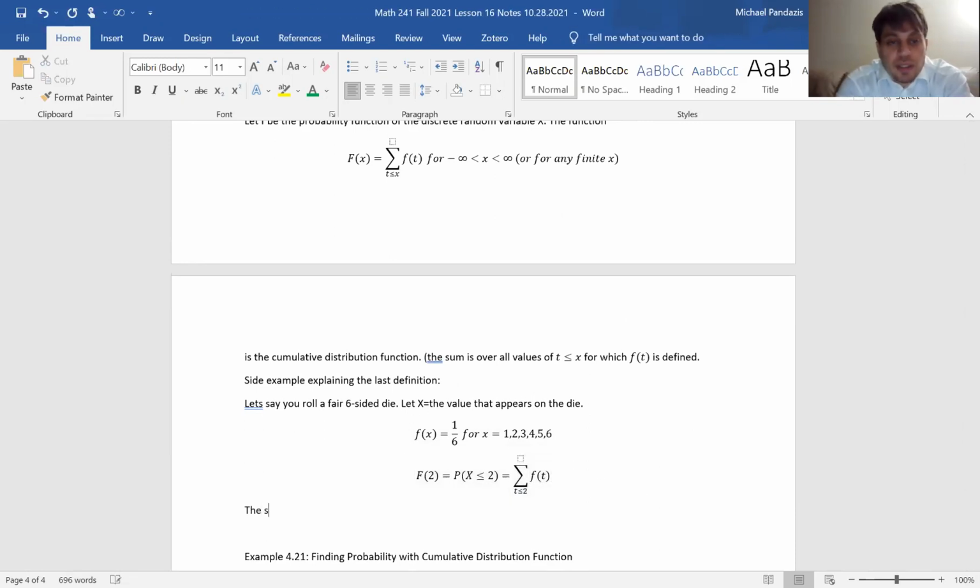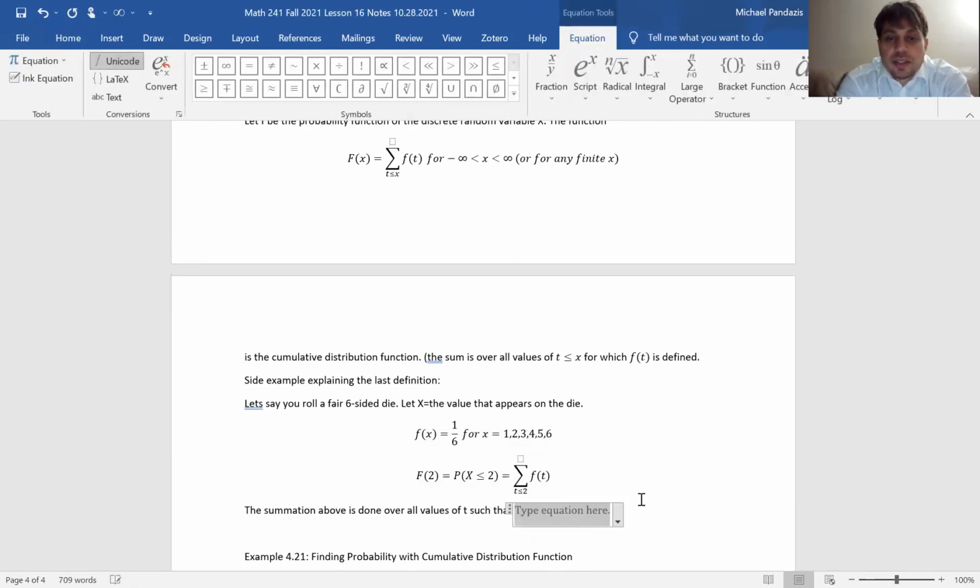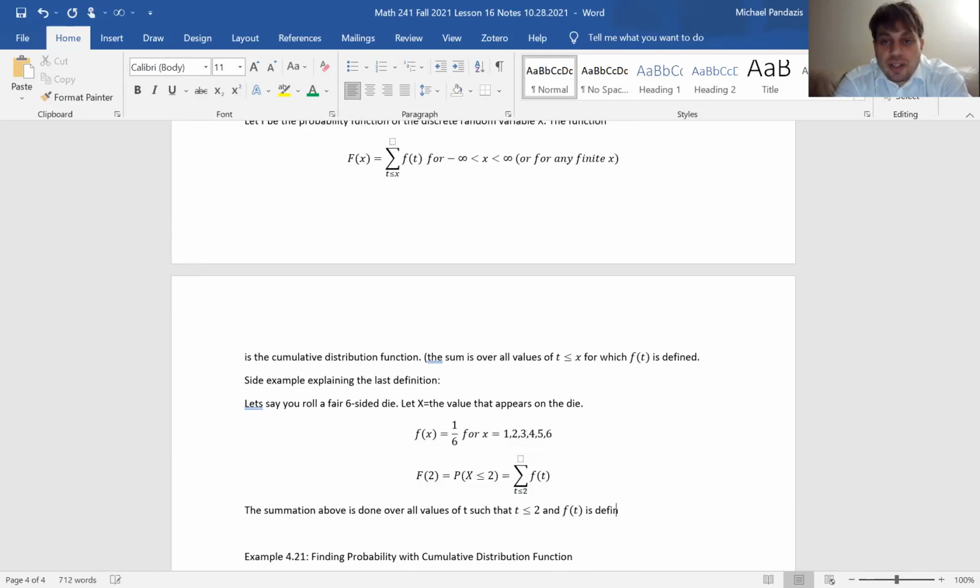So the summation is done over all values of t such that t is less or equal to 2 and f of t is defined.